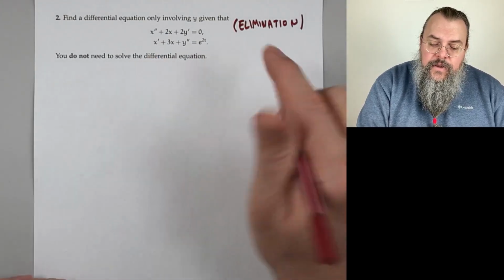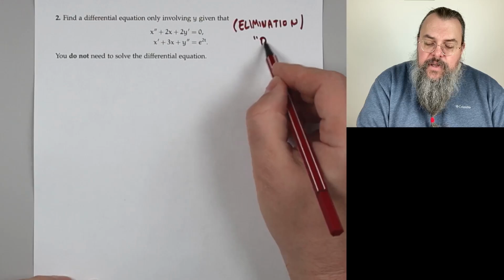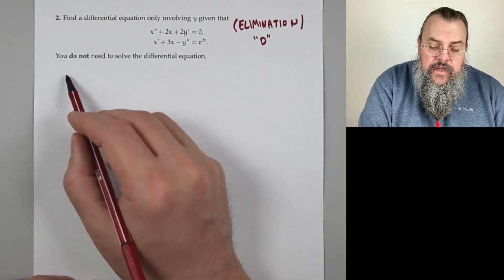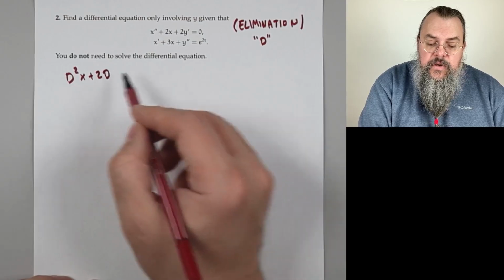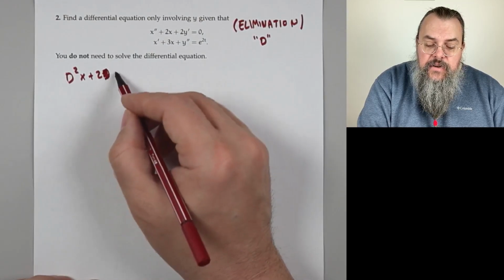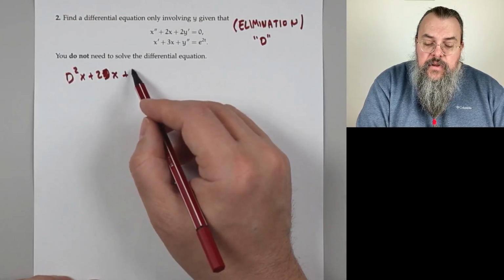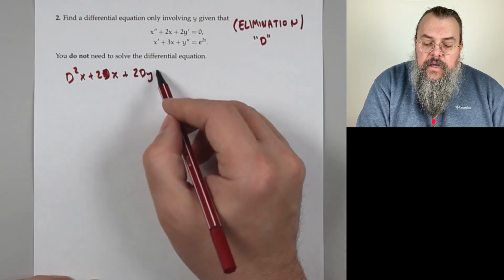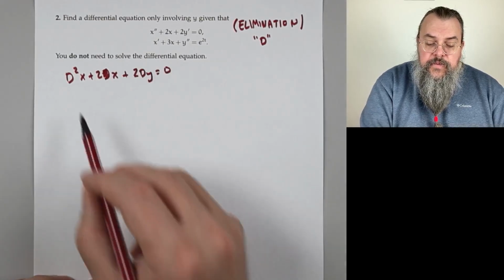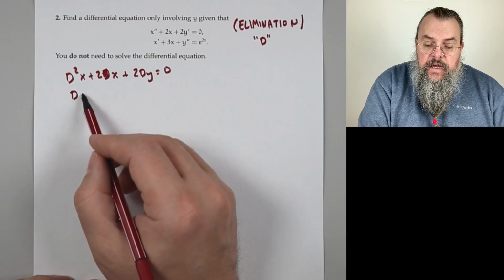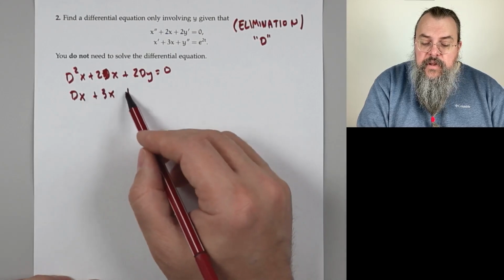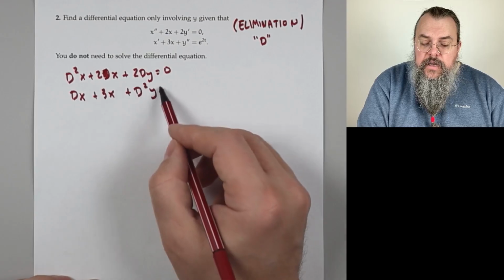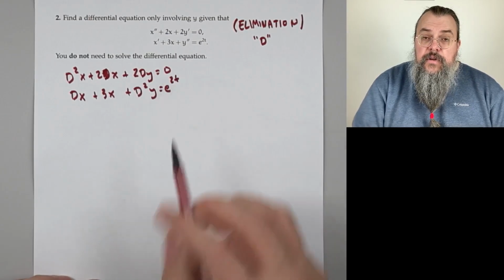So for instance, this is going to become, using our d notation, d squared x plus 2x plus 2dy equals 0. And then dx plus 3x plus d squared y is e to the 2t.